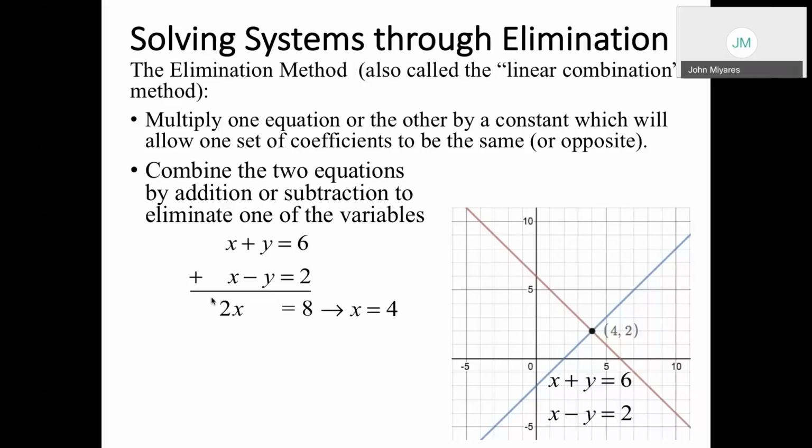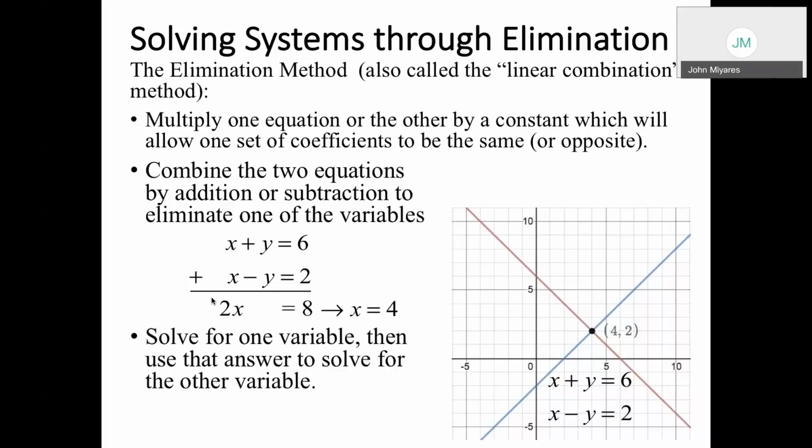Then, just like before, after we've solved for the one variable, we can use that answer in one of the equations to solve for the other unknown variable. In this case, we can plug in x equals 4 into the first equation to get 4 plus y equals 6, which will simplify to y equals 2.